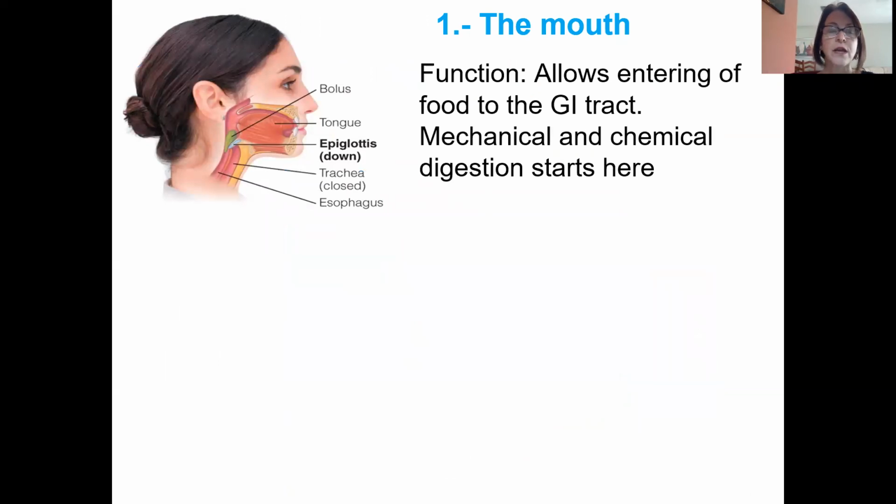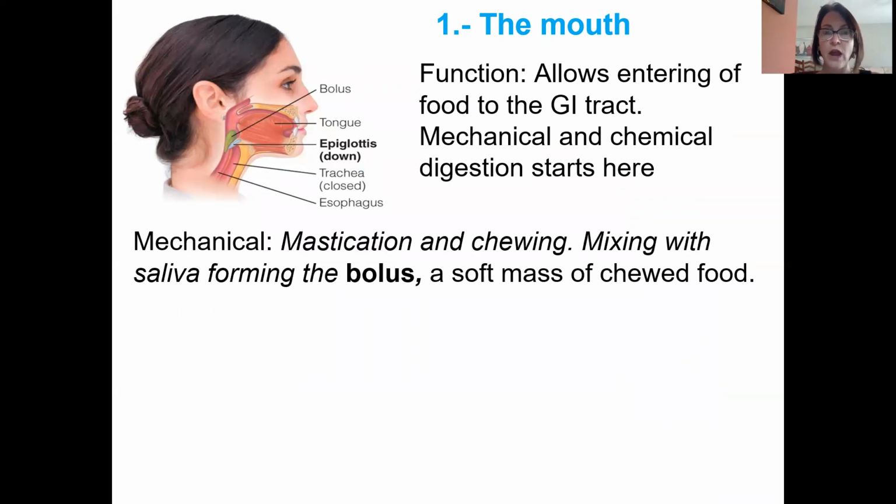The mouth is a place where digestion starts. And in here, we will have what we call mechanical digestion and chemical digestion. Mechanical digestion, as the name tells you, is just about movement. So here we have mastication and chewing, and this will allow us to mix saliva with foods, creating a soft mass of chewed foods that we call the bolus.